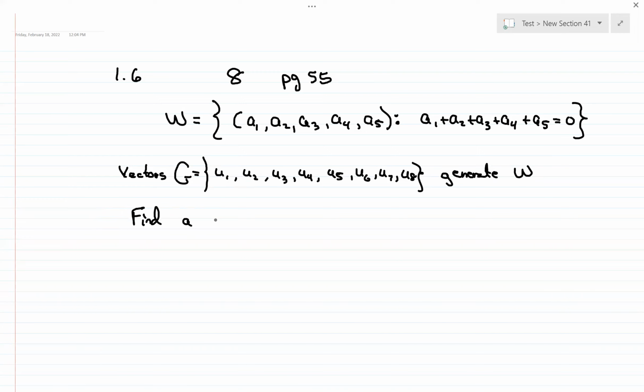Find a subset of G that is a basis of W. Okay. So there are different ways to go about this. Let me see if it's obvious.